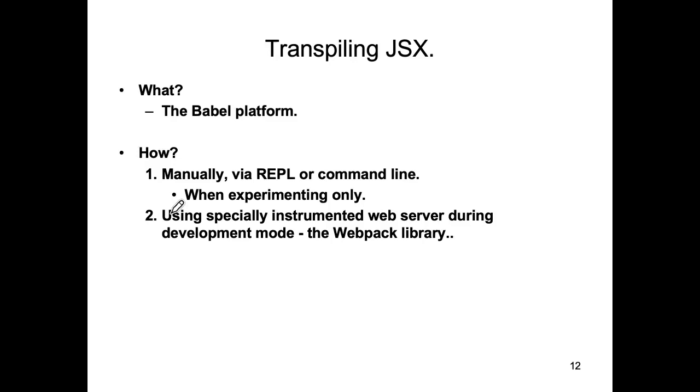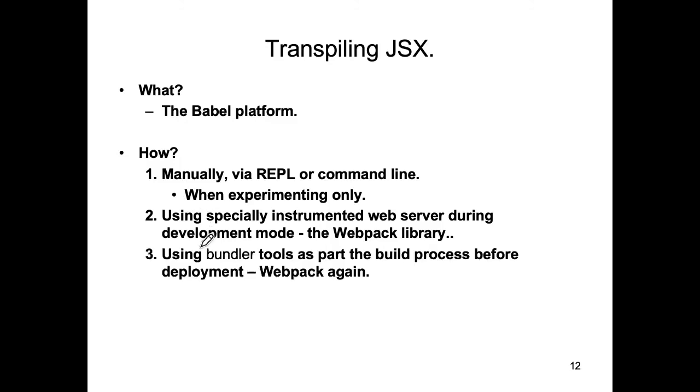So I could exist in my JSX world and just do my development in JSX, and the Go Live server would take care of the transpilation for me using the Babel platform. Well, in fact, there are lots of web servers out there that will allow us to do that. Go Live doesn't do it, but we will be using another web server which takes care of it for us in that way.